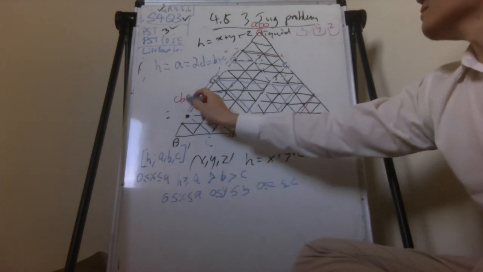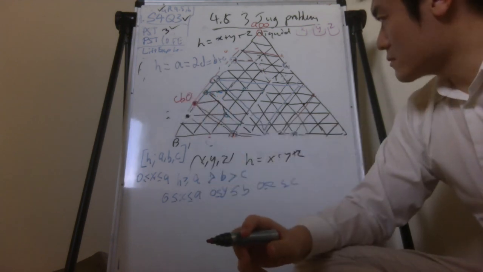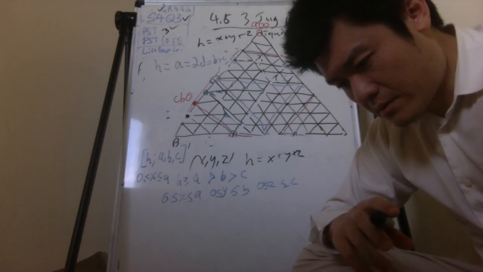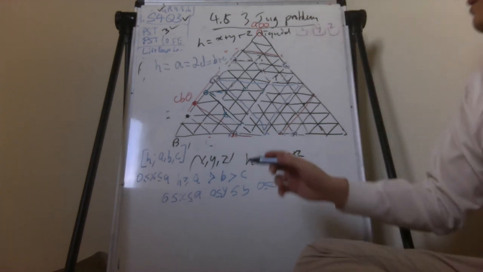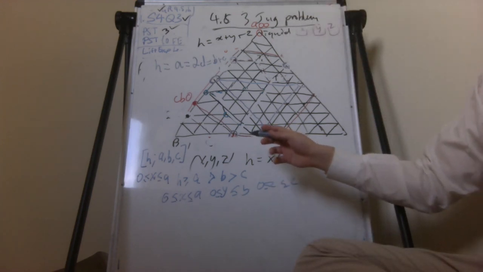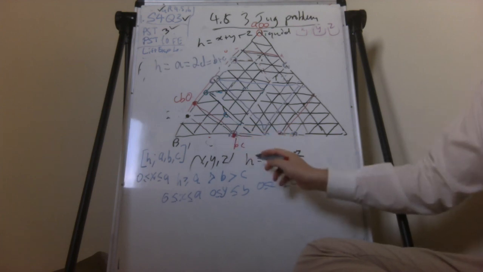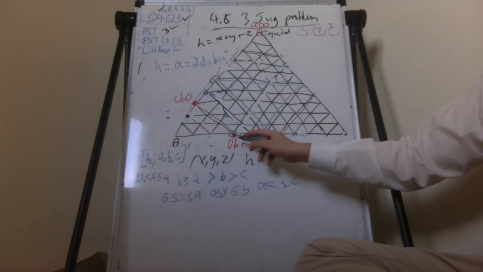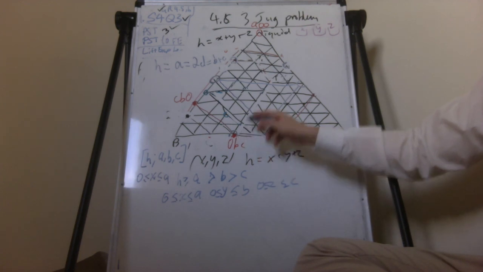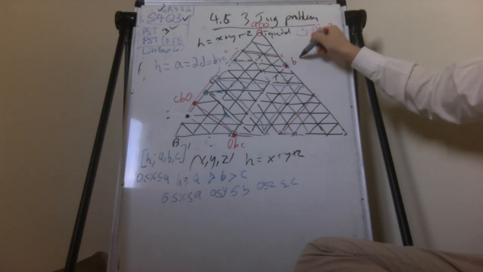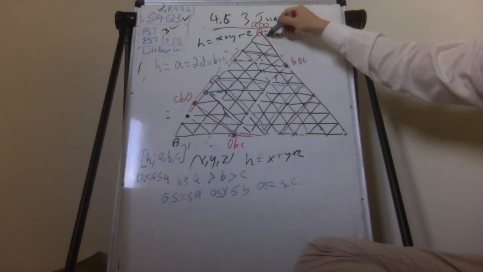CB0. 0BC and B0C. 0 is here, BC, and then B0C. Yeah? That's a parallelogram.